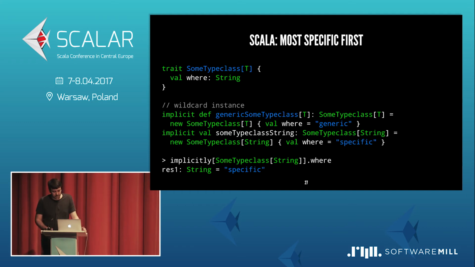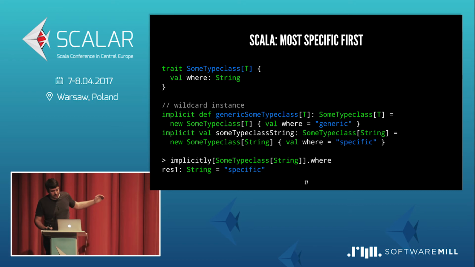We have some type class of T, and it supports an operation where it just returns a string. We have two implementations. One is for any T, so we can define implementations for a family of types, in this case for all types. And we're saying that for any T, there's an implementation of some type class where the operation returns generic.